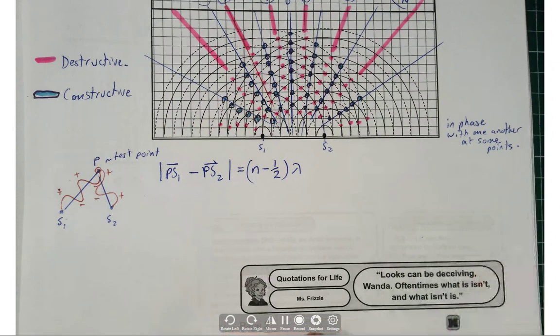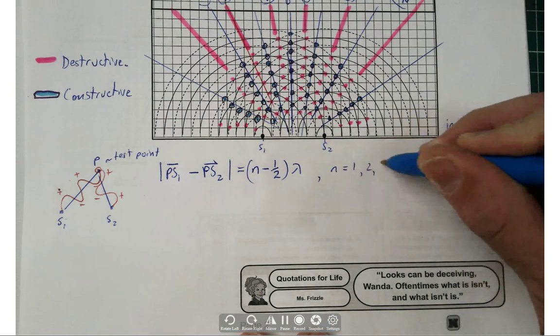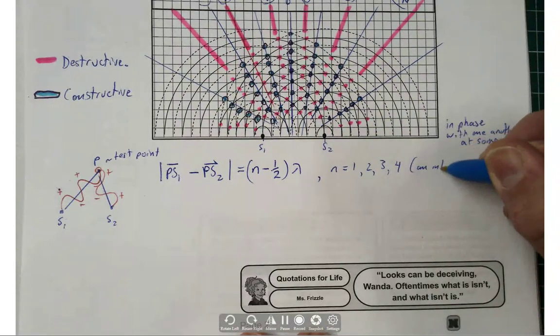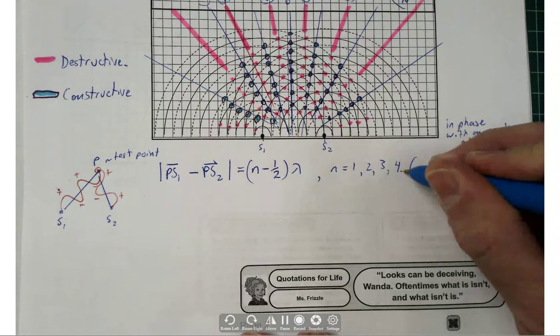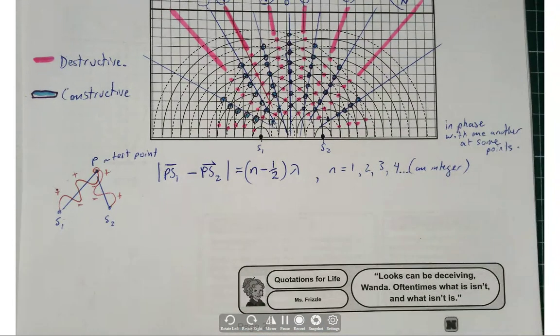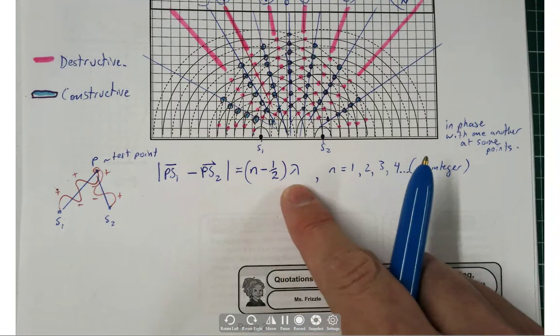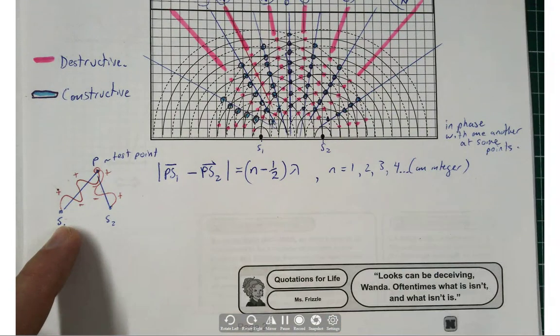You can try subbing in different values, where we let n equal 1, 2, 3, 4, an integer. All those different values represent coefficients in front of lambda that offset these waves sufficiently to throw them out of phase with each other for destructive interference to occur.